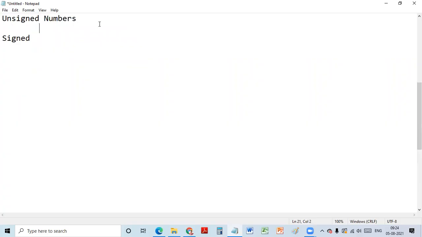They don't have any sign. We treat all the numbers as positive. Signed numbers have a sign in them. Numbers can be positive or negative.